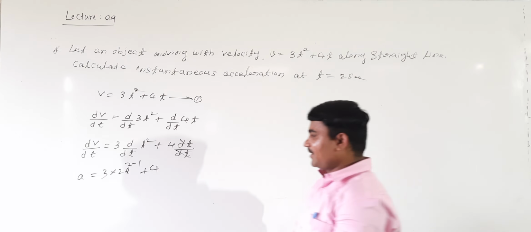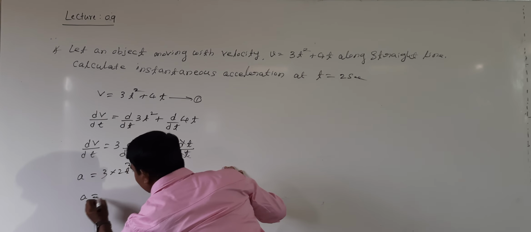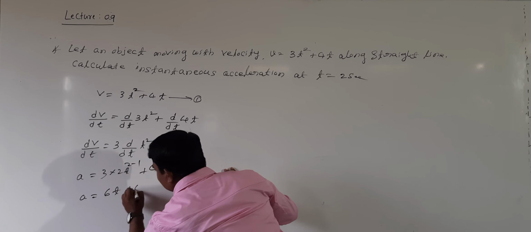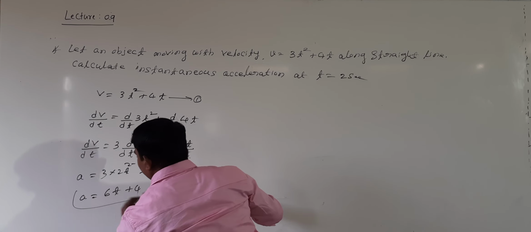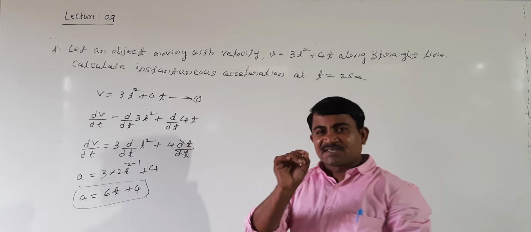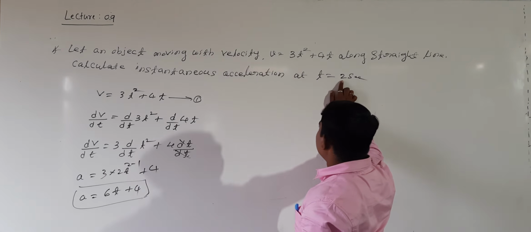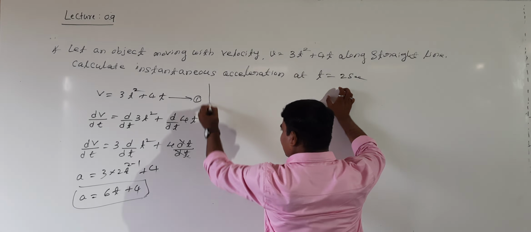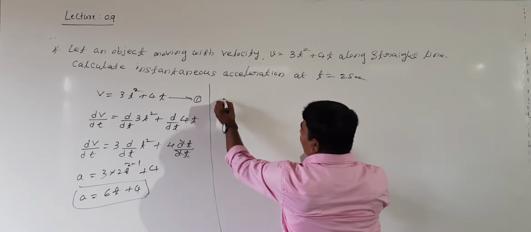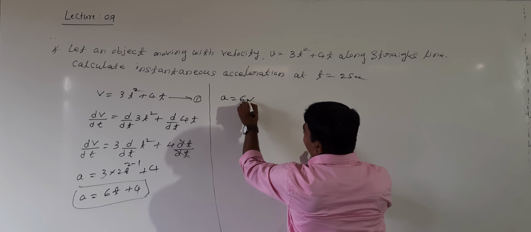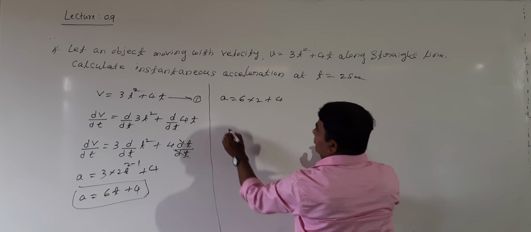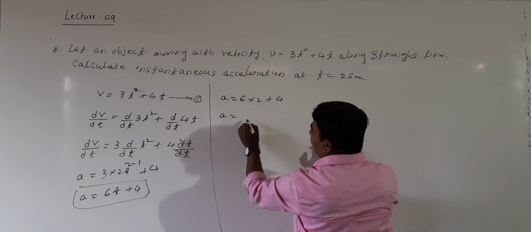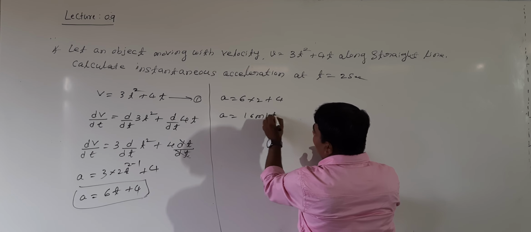Then what acceleration did you get? 6t plus 4. But what we need is instantaneous acceleration at t equal to 2 seconds. When t equal to 2 seconds, 6 into 2 plus 4. 6 into 2 is 12, plus 4, acceleration is 16 meter per second square.